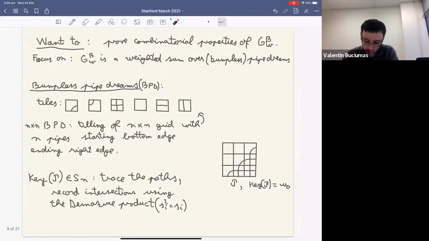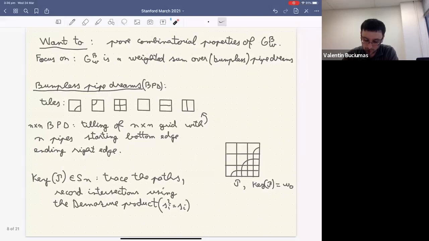And I'll do an example which is somewhat trivial. But if you look here, what happens is we can think about this bottom as being 1, 2, 3. So this is path 1. And path 1 at this point intersects path 2. So we're going to get an s_1.